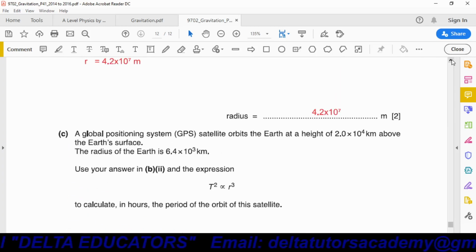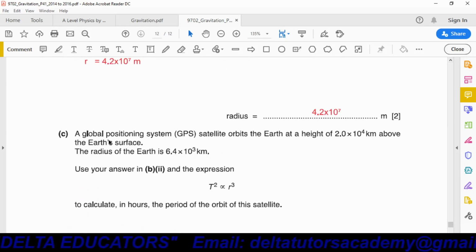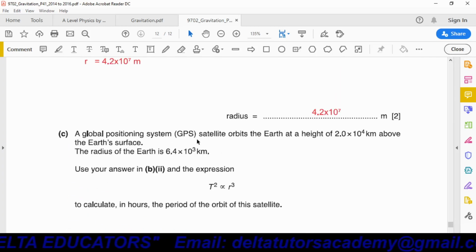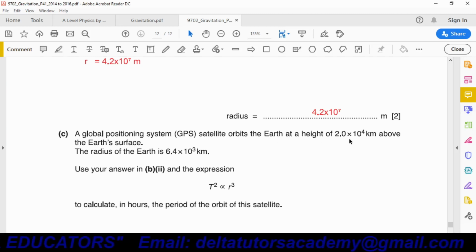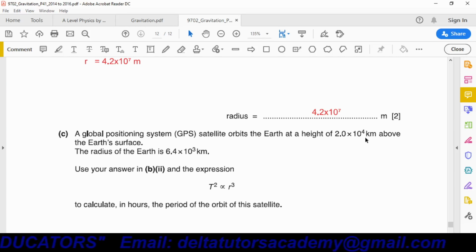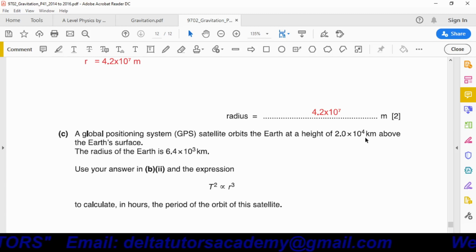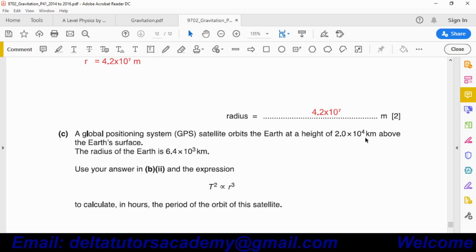Here it is given that a global positioning system GPS satellite orbits the Earth at a height of 2 into 10 power 4 kilometers. It means the satellite is at a height of 2 into 10 power 4 kilometers from the surface of the Earth. But we have to take the distance from the center of the Earth, so we have to add the radius of Earth to this value.